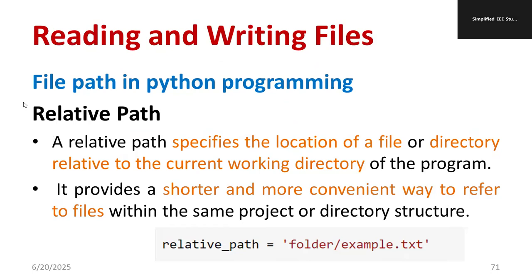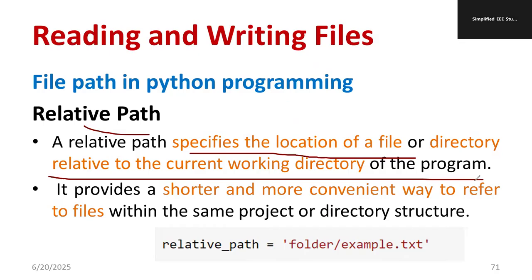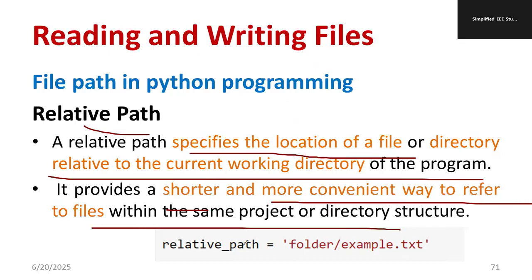If I talk about relative path, what is the meaning of relative path? It specifies the location of the file or directory relative to the current working directory of the program. Moreover, we can say it's a very short, precise, and convenient way to refer to files. To represent the relative path, I am going to use folder, then slash example.txt.